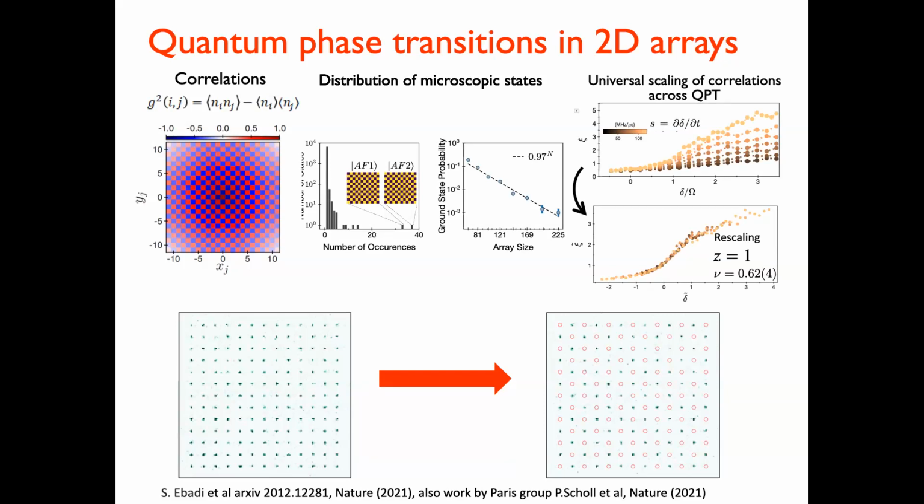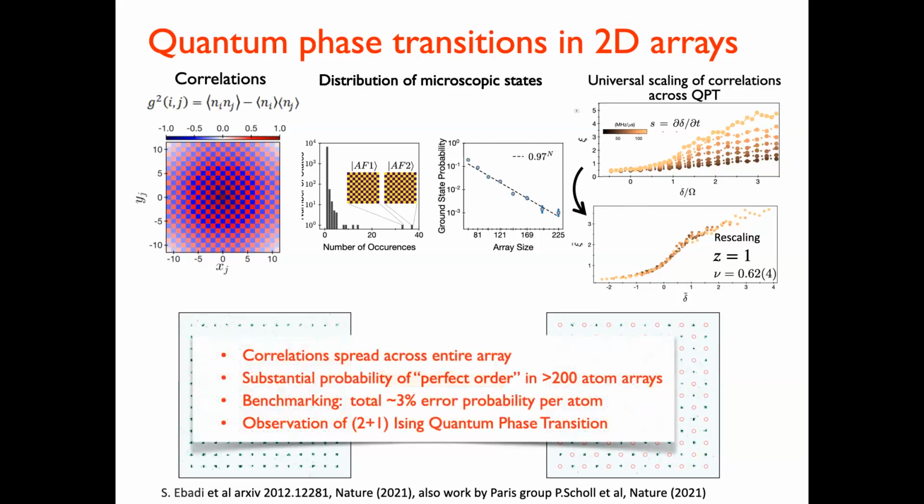From here, you extract things like critical exponents, which are the key features determining this quantum phase transition. This is what we have done here: we observed the 2+1 Ising quantum phase transition. It is a very well-known, textbook transition, but apparently it had not been observed prior to this work.